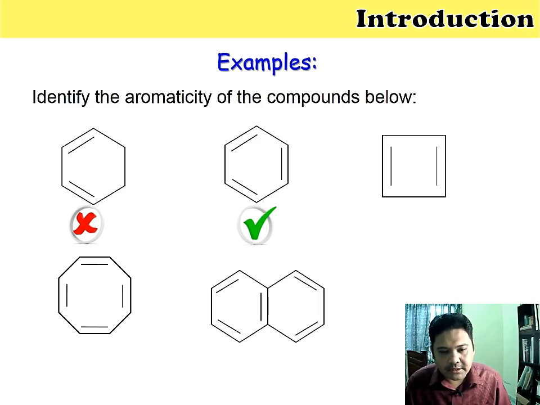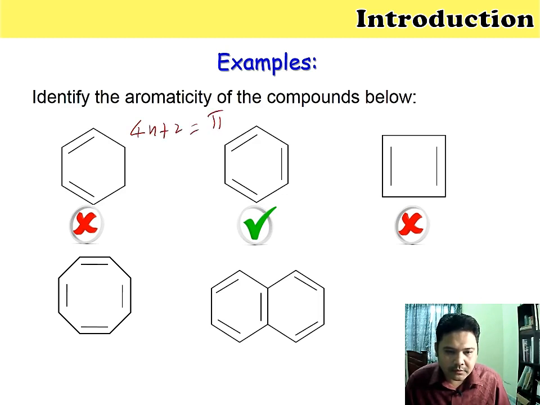Actually, this structure is not completely conjugated, but to make sure that this structure is definitely not aromatic, we can check Hückel's rule. Hückel's rule is 4n plus 2 equals the number of pi electrons.